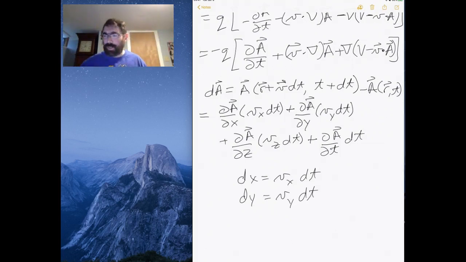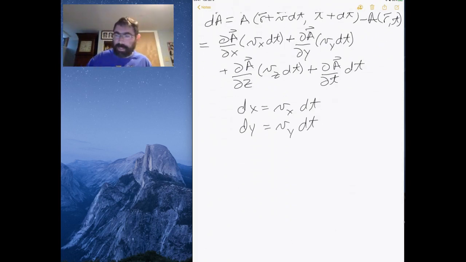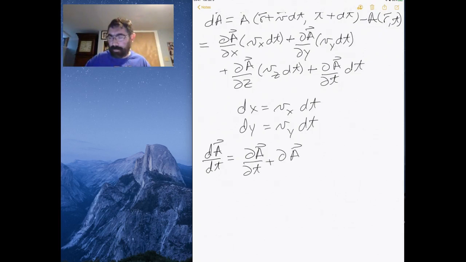So that means I can now rewrite the derivative of A with respect to time as dA dt plus dA dx Vx plus dA dy Vy plus dA dz Vz.